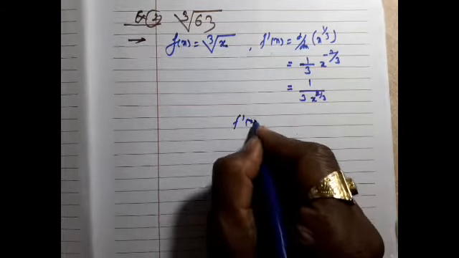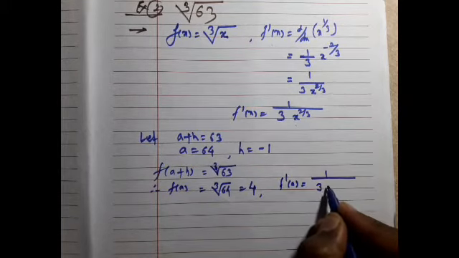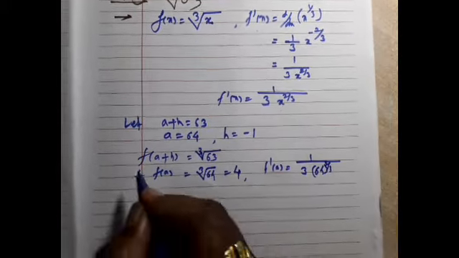Now it is a cube root. So as I told you in the previous example, we have to take the number which is a perfect cube nearby 63. So therefore a will be 64 and h will be minus 1. So f(a plus h) is nothing but cube root of 63. Therefore f(a), that is cube root of 64, is 4. f dash a is 1 upon 3 into 64 raised to 2 by 3.